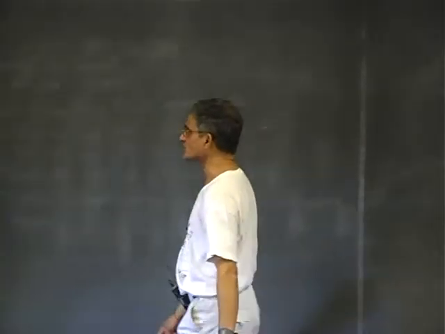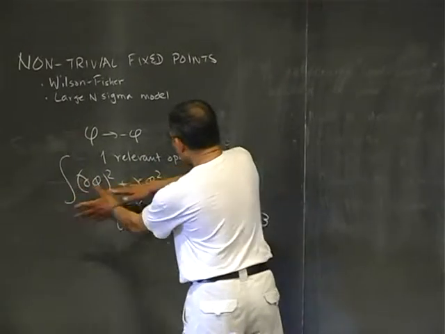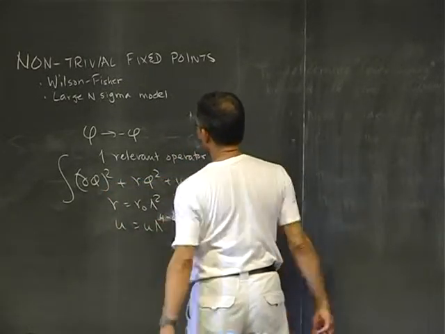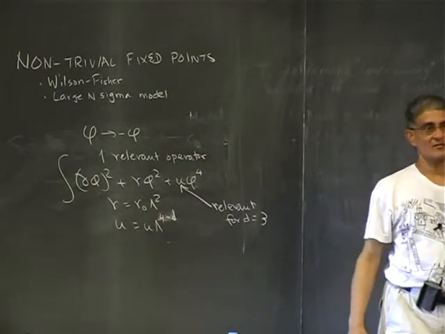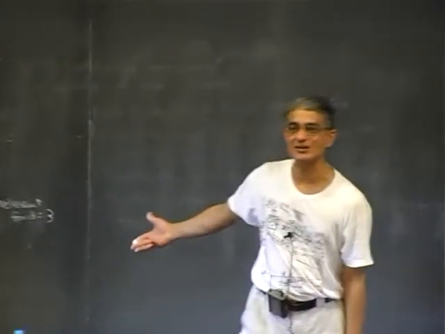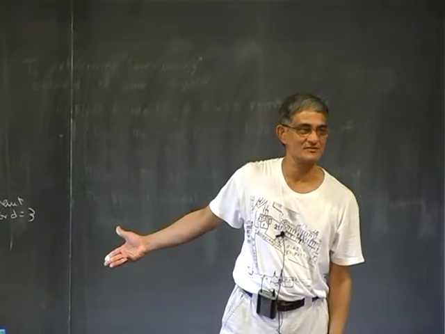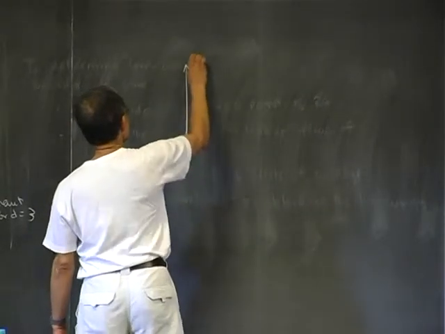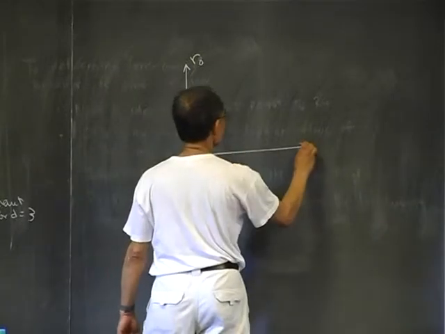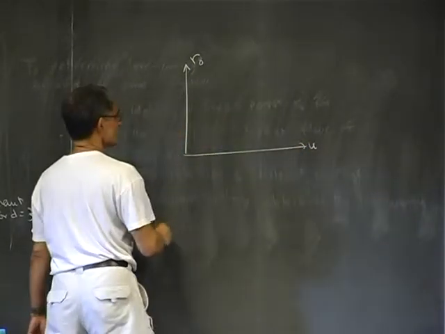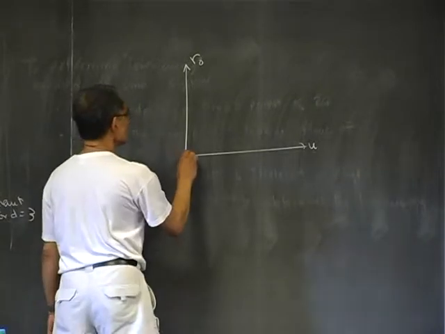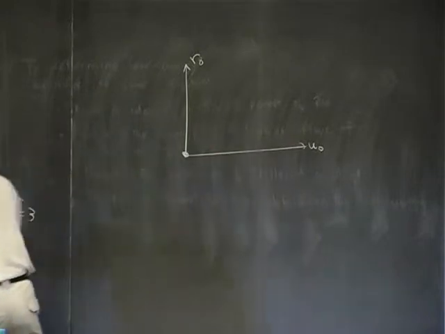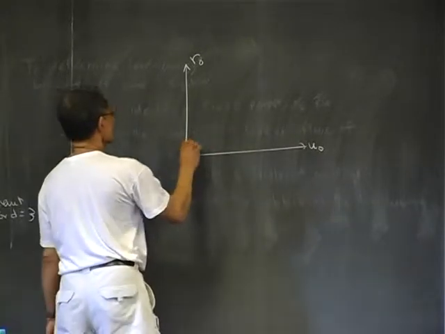So this begs the question: this entire counting of dimensions, and therefore the flows under the simple RG, was based upon our intuition about free field theory, on what we call the Gaussian fixed point. So I'm going to ask the following question. If I plot r0 and if I plot u, then as I noted yesterday, the flows of these various couplings, let me put u0 also, they look like this.